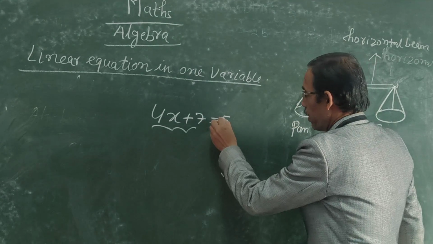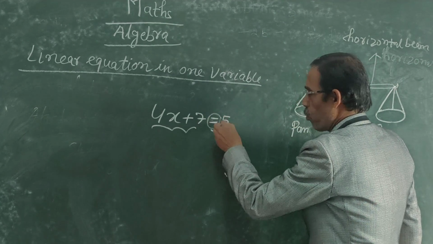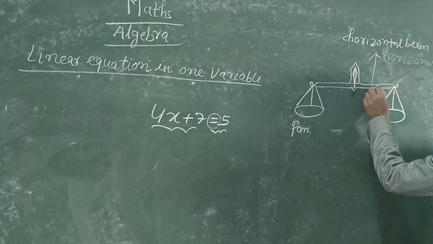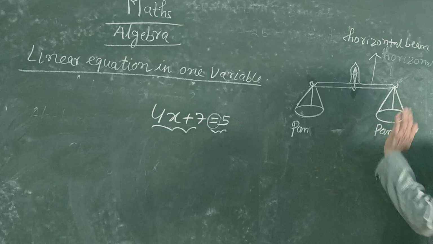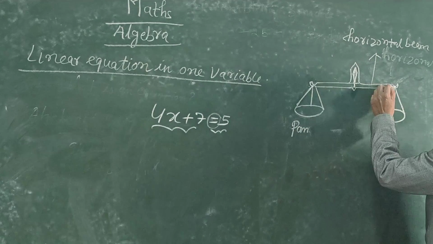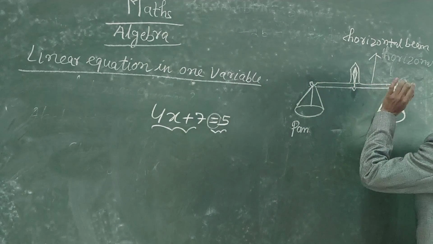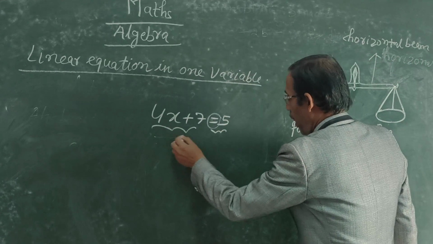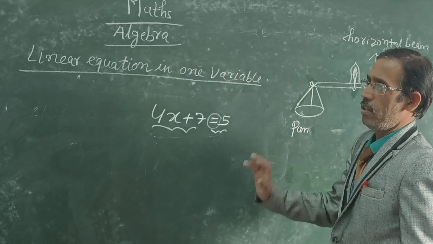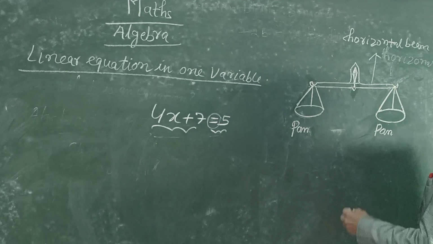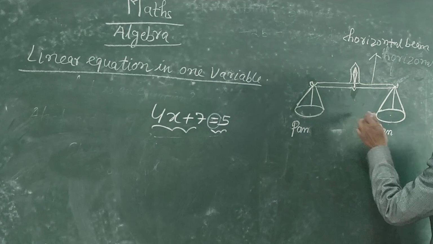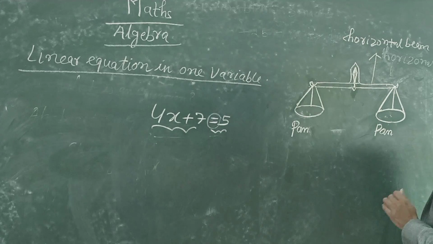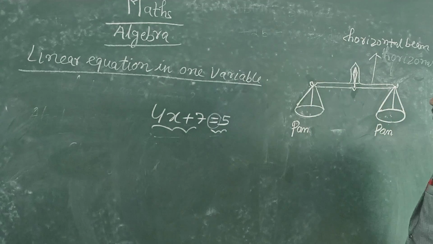Just as there is a sign of equality in an equation, so there is a horizontal beam in a balance. Just as two sides are equal in an equation, so the weights of the two pans are equal in a balance scale.